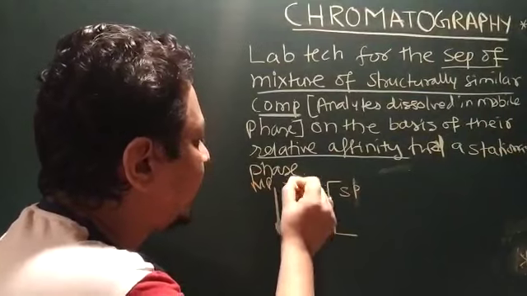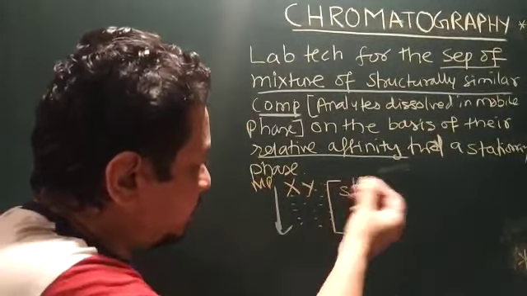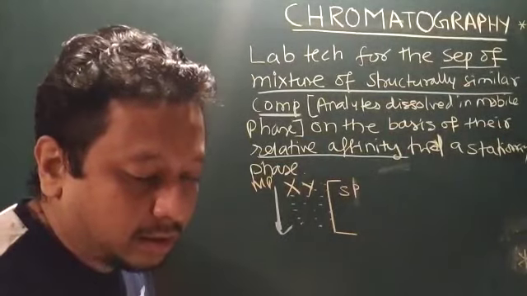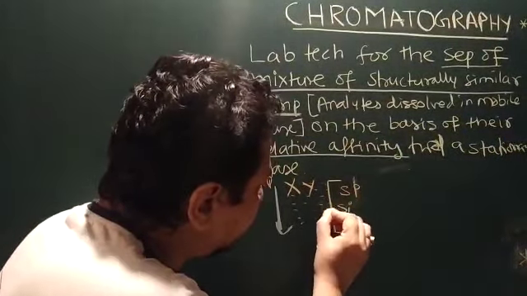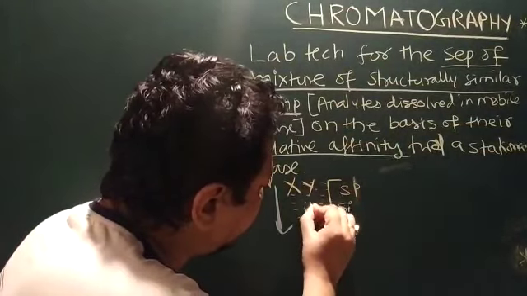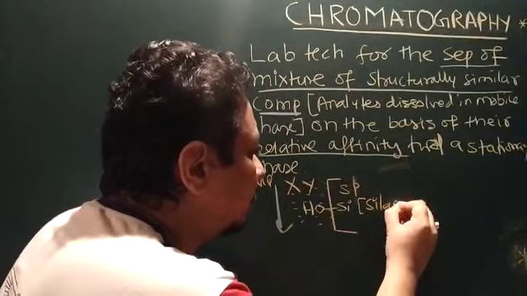Now the mobile phase carries, suppose, the components X and Y. Now the stationary phase can be polar or non-polar. Like if I take silica gel, it contains a silanol functional group, this is known as silanol functional group.